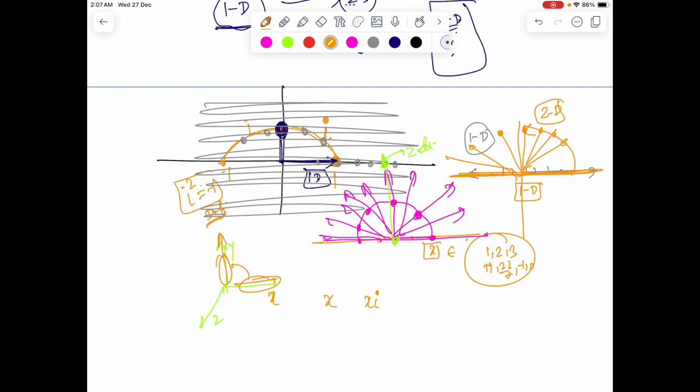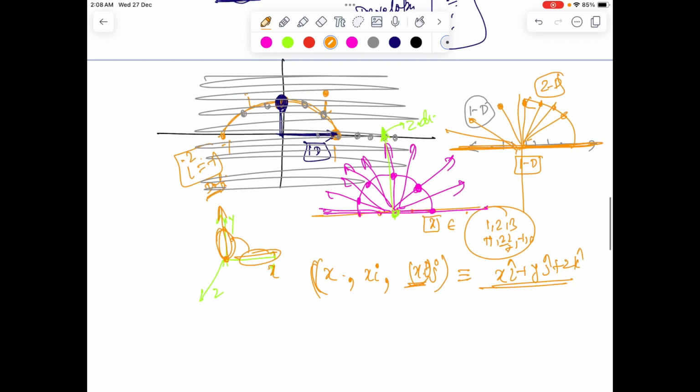And then you take xi and multiply further with maybe some j, let's say xij, which means a number on the y-axis multiplied with j will give a new direction on the z-axis. And then you can make a collection of these three as an ordered triplet, which is nothing more than xi cap plus yj cap plus zk cap in the language of vector algebra. Or you can think of an ordered triplet of x, y, z kept in a matrix fashion.